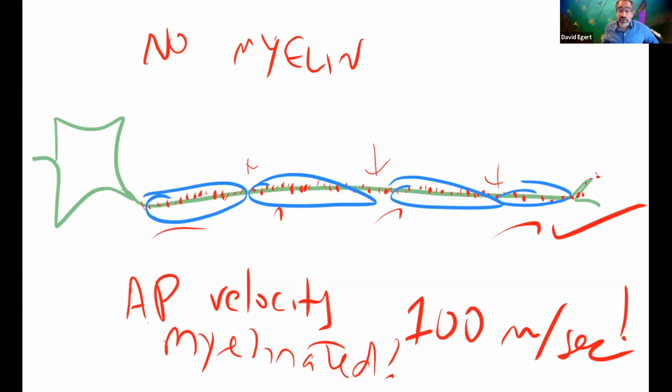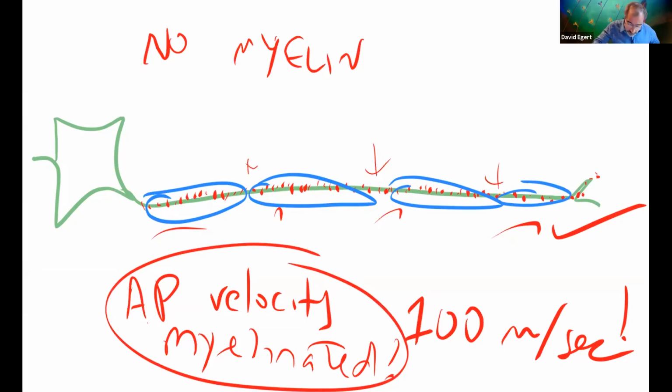There are other things where you don't care if the message goes so fast, so why waste resources? So you have a whole range of neurons. Some are fast, some are slow, some are myelinated, some are unmyelinated. But it's important to understand that if you want a really fast message, you need to use a myelinated fiber.